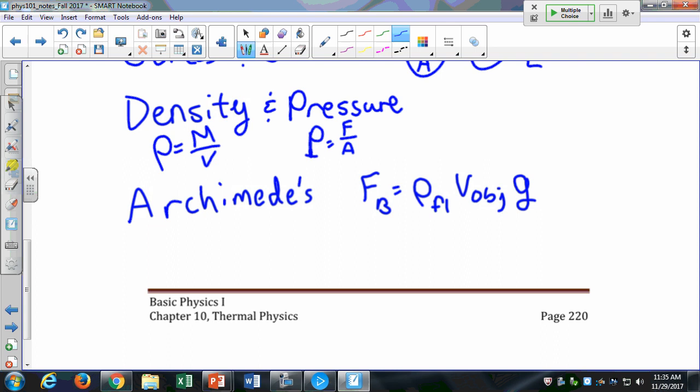We did that in class, right? Be able to know when an object is floating that the buoyant force is equal to what? It's equal to the weight. When the object is floating, the buoyant force is equal to the weight. So look back, there were a number of questions on your OpenStax too. So Archimedes' Principle.